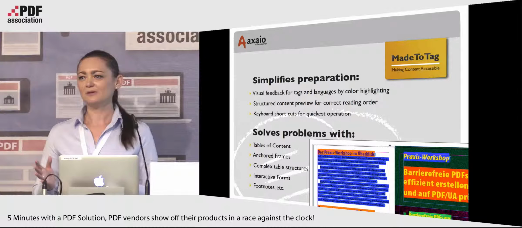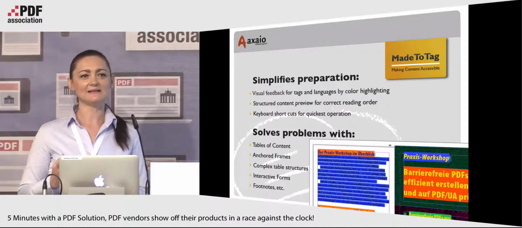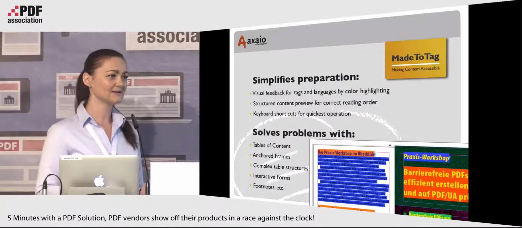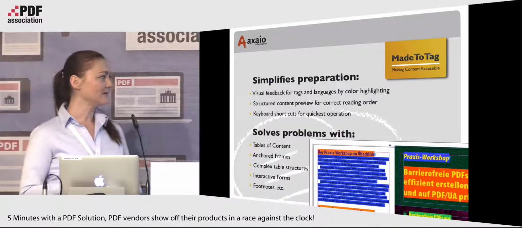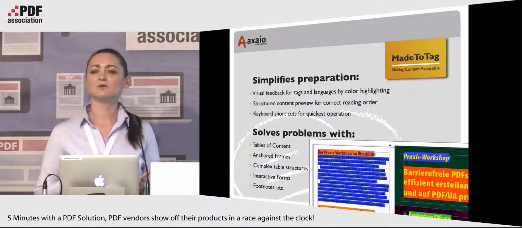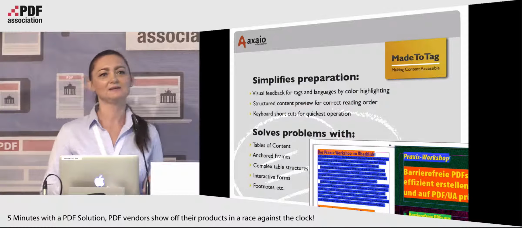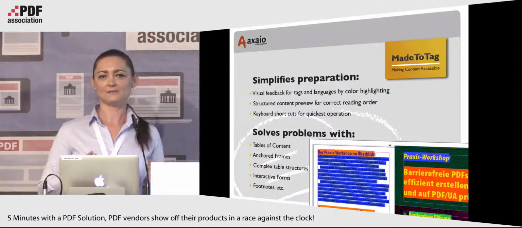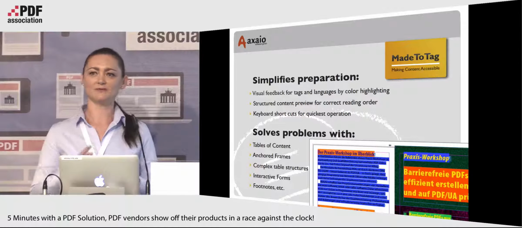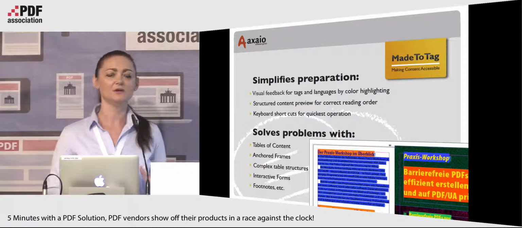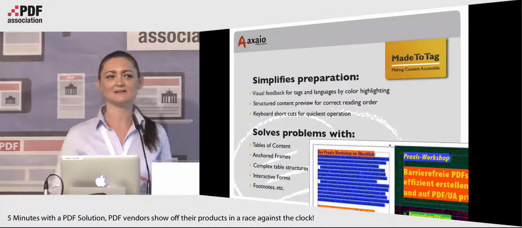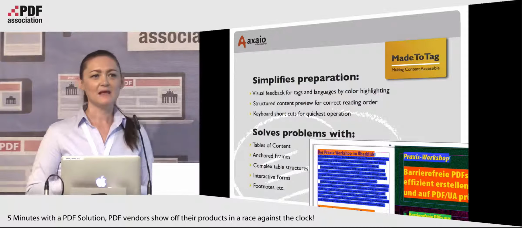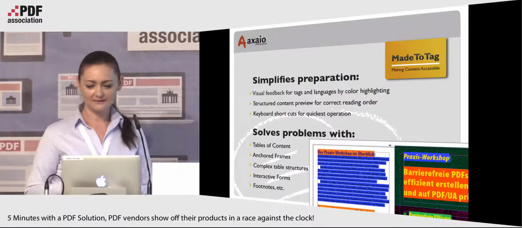Most of you will know that with Adobe InDesign itself, you can already create accessible PDFs, but the process to get there is not so comfortable, I would say, and there are some problems which occur in InDesign in the context of accessibility that have to be solved. And here comes Made to Tag into play.